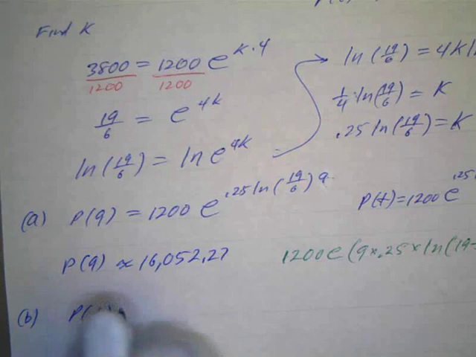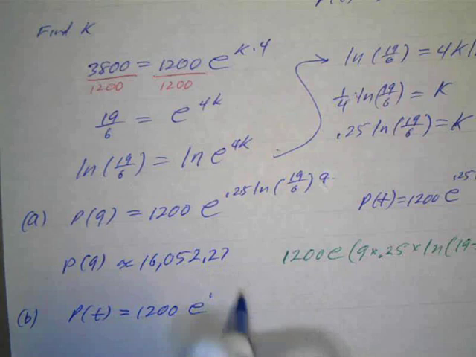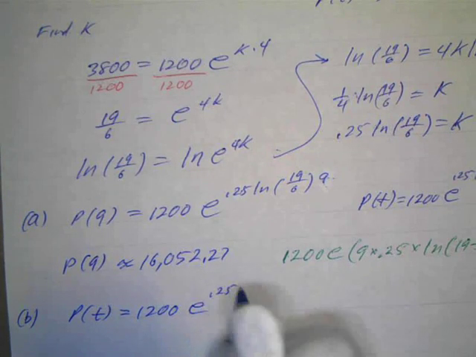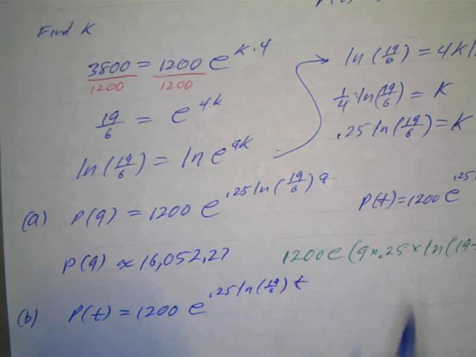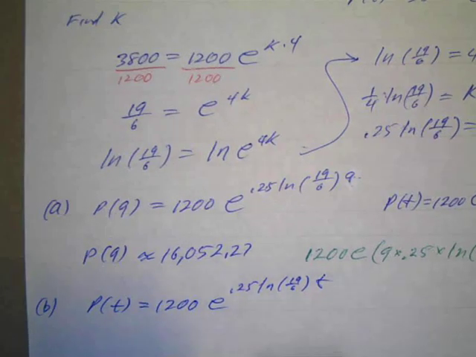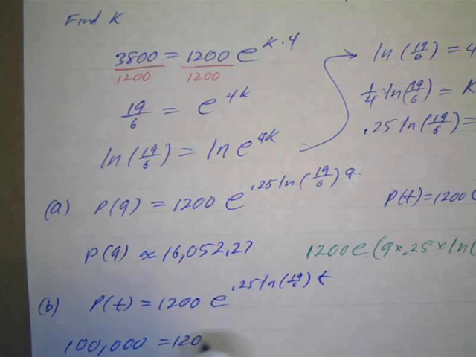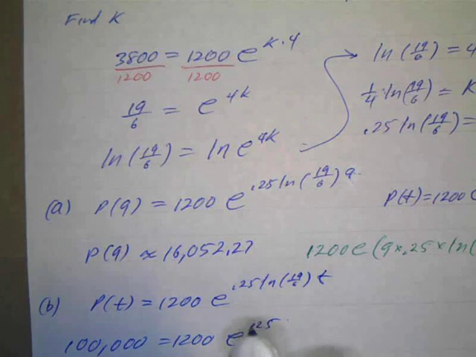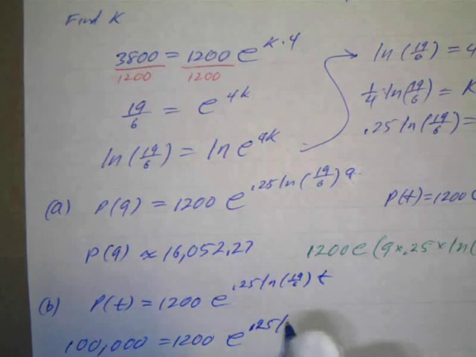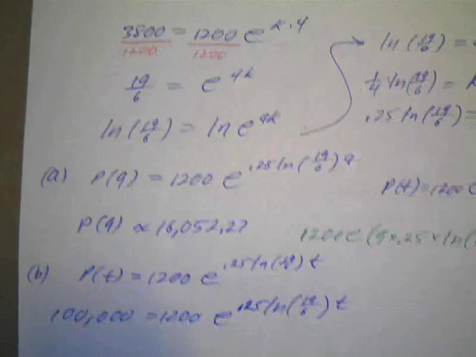P of t equals 1200 e to the 0.25 ln of 19 over 6 t, and we want to know what t is going to be when this is 100,000. So you're looking for t here.